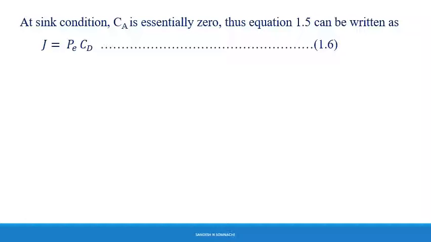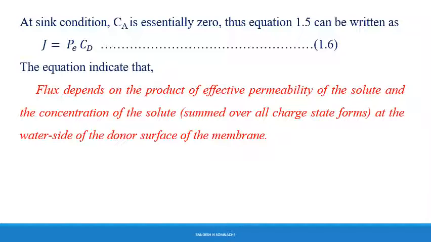This equation, equation number 1.6, indicates that the flux depends upon the product of the effective permeability of the solute, PE, and the concentration of solute, CD, that is a sum over all charged state forms at the water side of the donor surface of the membrane.